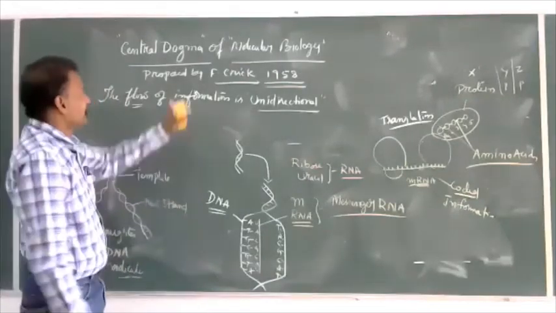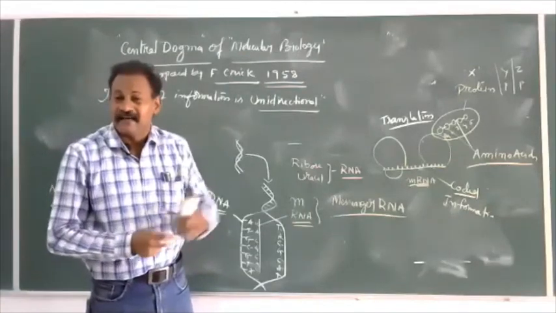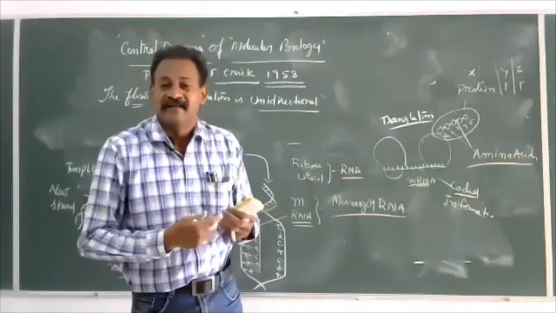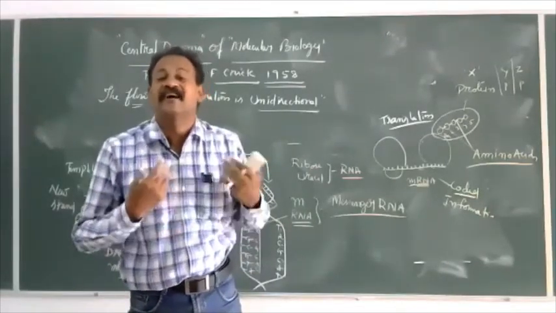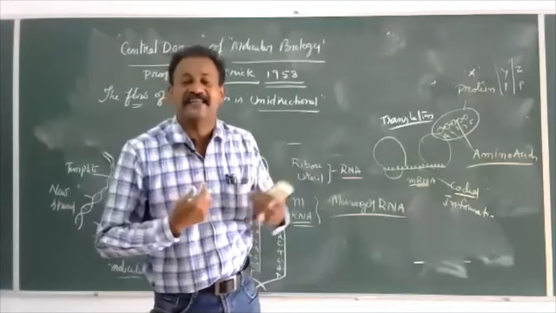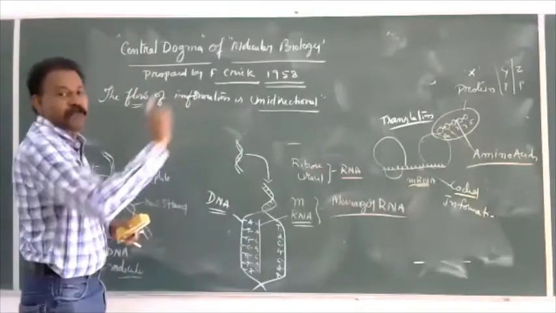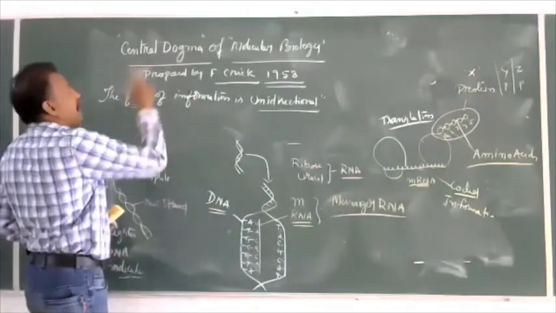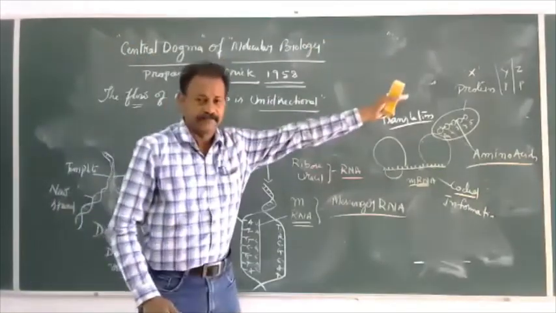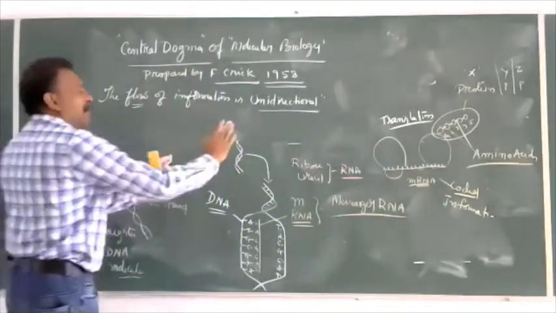So molecular biology means biology at its molecular level. What are the biomolecules responsible for production, functioning, expression and transmission of characters? Determining how it is formed is the central theme, the central dogma, and the main aim of molecular biology. It is by a flow of information.